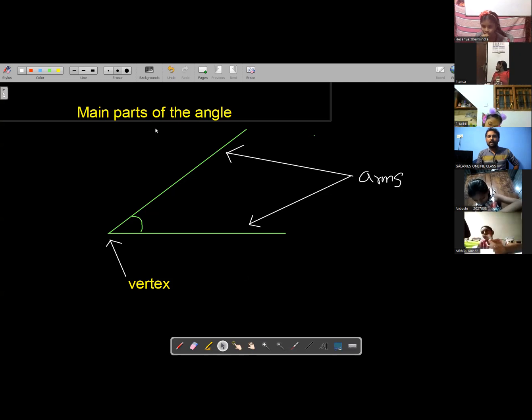Right, those are the main parts of an angle. Okay, first you remember what are the main parts of the angle. Okay, there are 2 arms. These straight lines are known as arms, and this meeting point is known as the vertex.